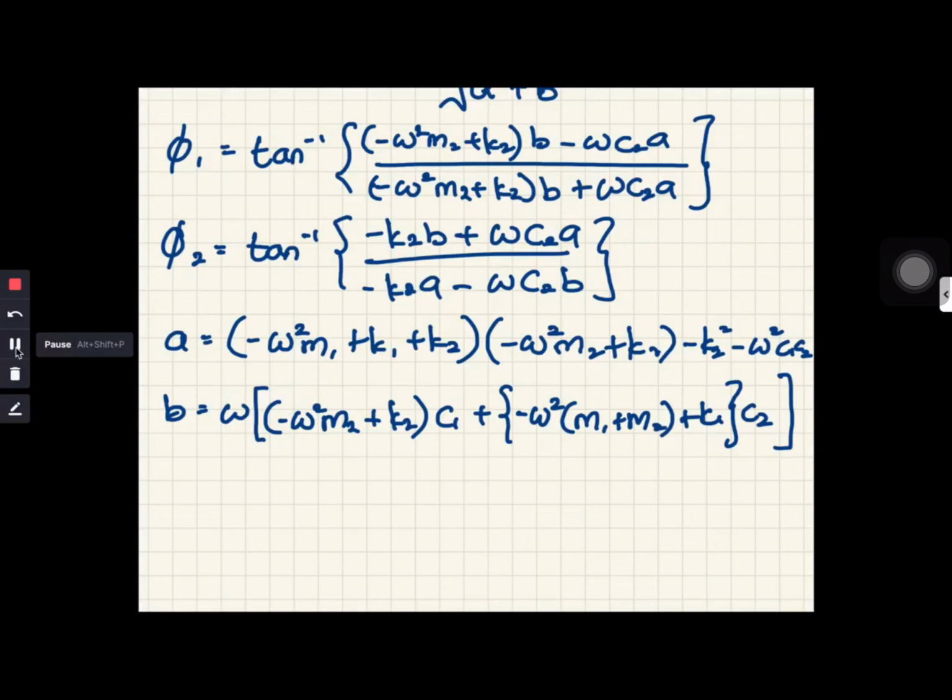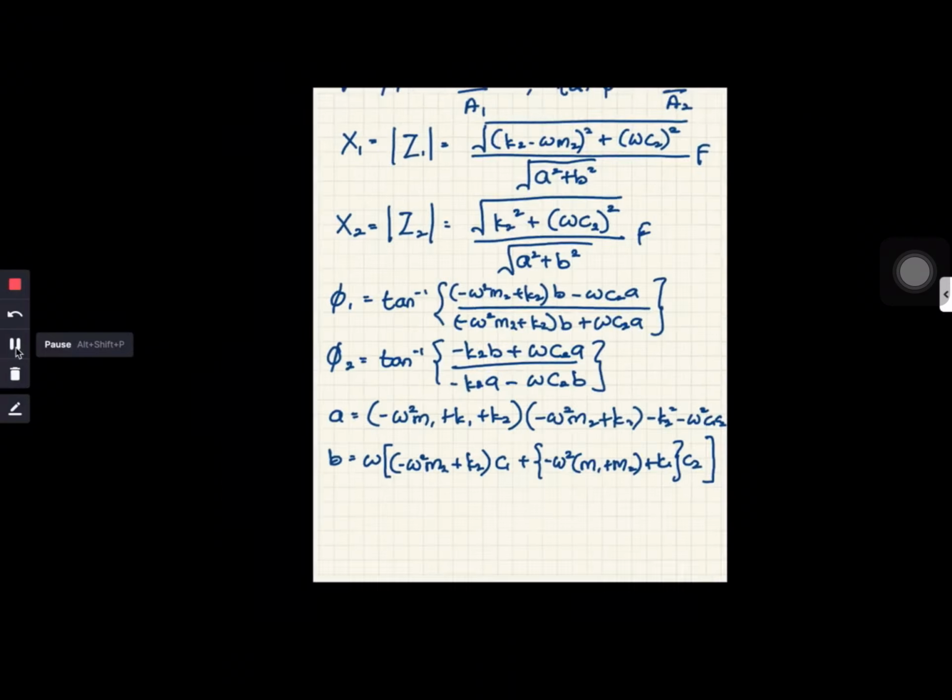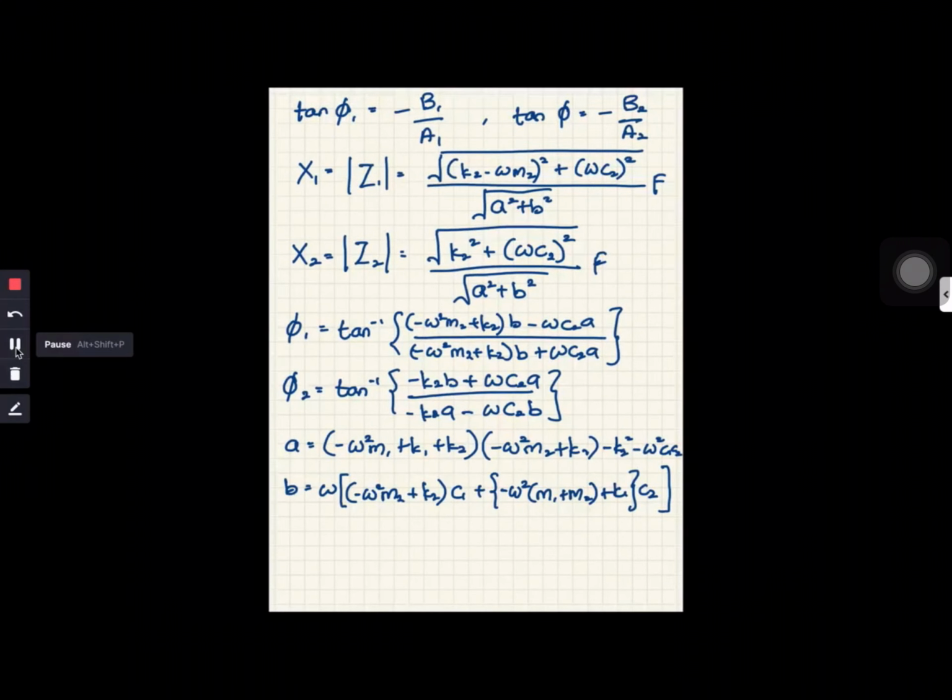Okay, so that is for the second degree of freedom, the response and the phase.